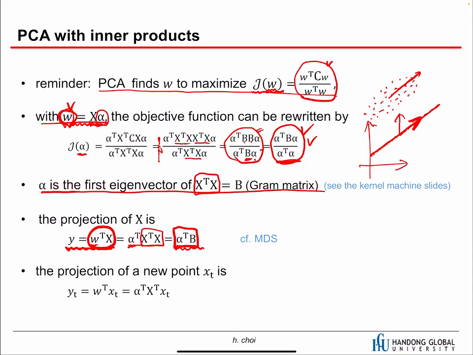It's quite similar to the relationship between PCA and MDS, because MDS was based on the inner product matrix and PCA is based on the covariance matrix. There's a connection between the covariance and inner product, and based on this connection we have different kinds of solutions for PCA.